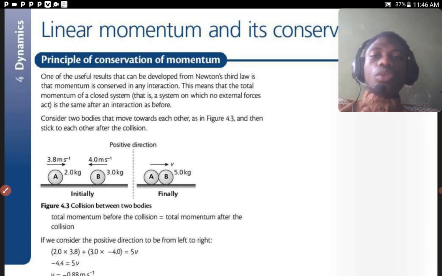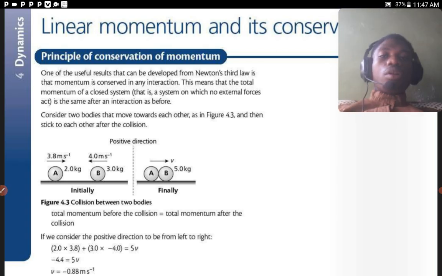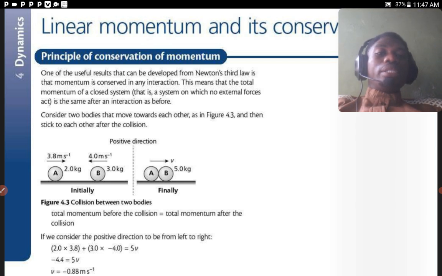Alright, now one of the usual results that can be developed from Newton's third law is that momentum is conserved in any interaction. This means that the total momentum of a closed system or an isolated system is constant.